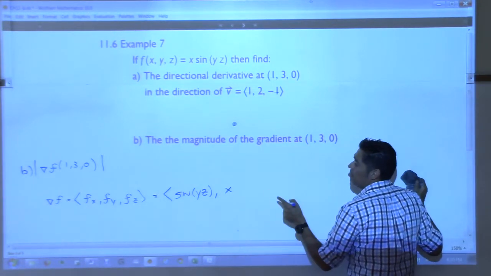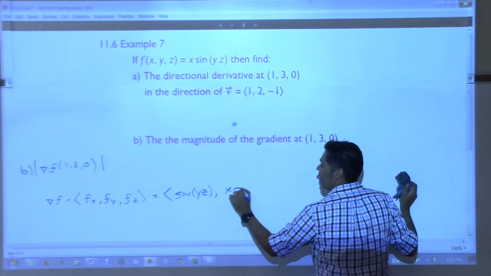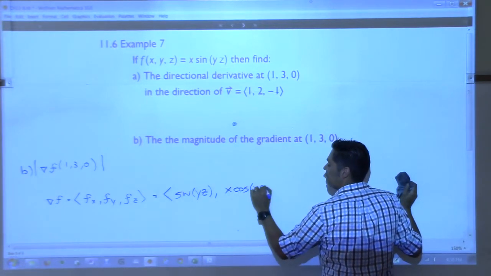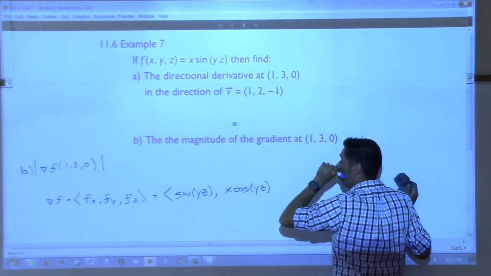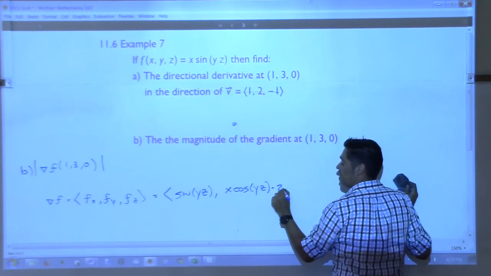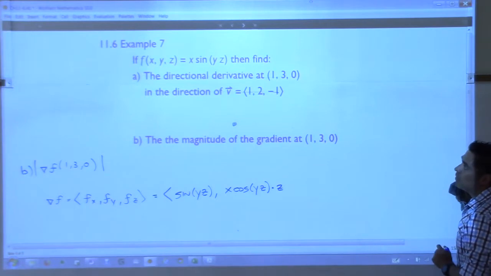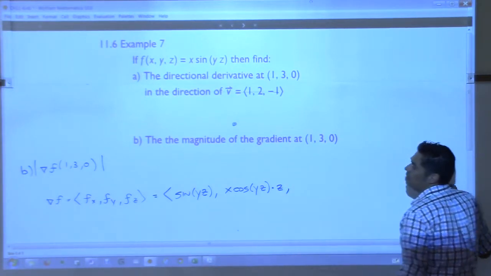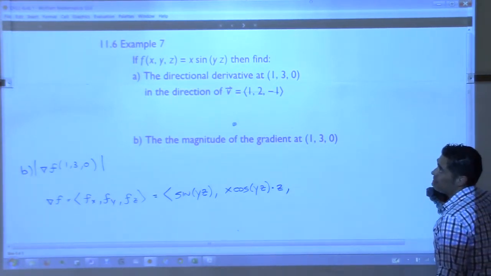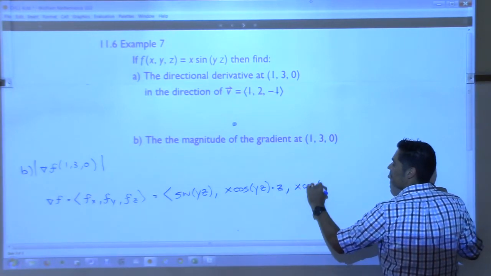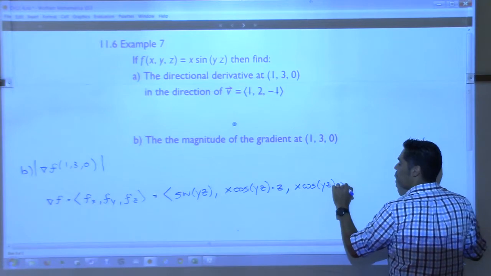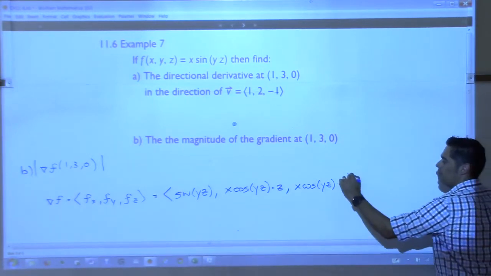We have to take the derivative of it, don't we? So cosine of YZ. But then you have to take the derivative of what's inside, YZ, with respect to Y. So just Z. And then we do the partial with respect to Z. It's almost like with respect to Y: X cosine of YZ times Y this time. So there's your gradient vector.